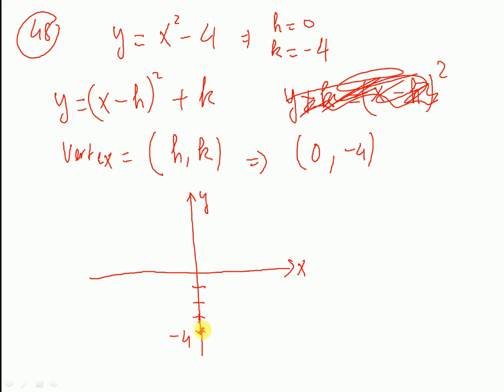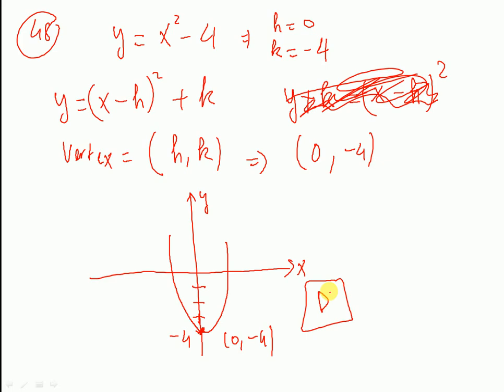So the vertex is here, and because the coefficient of the x squared term is 1 or positive, your parabola opens up, and the only open up parabola that has the vertex at this point 0 and minus 4 is the graph of D only.